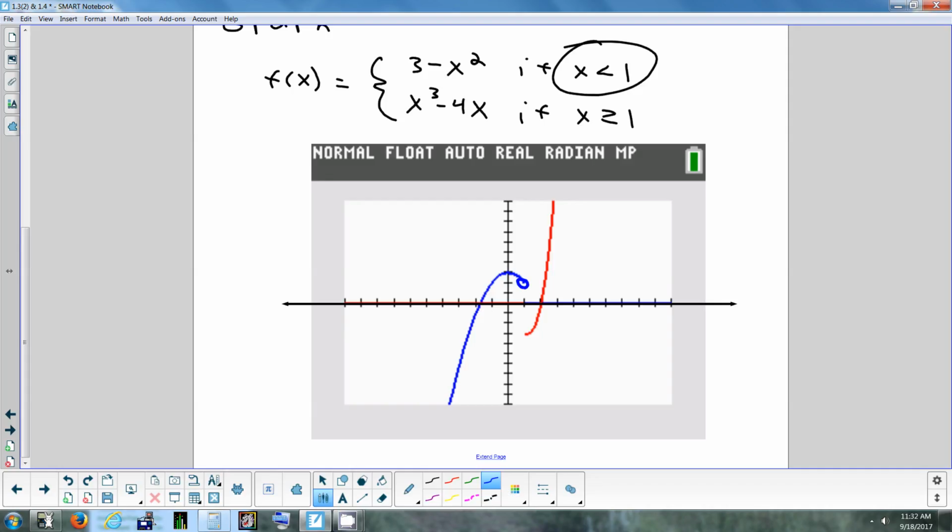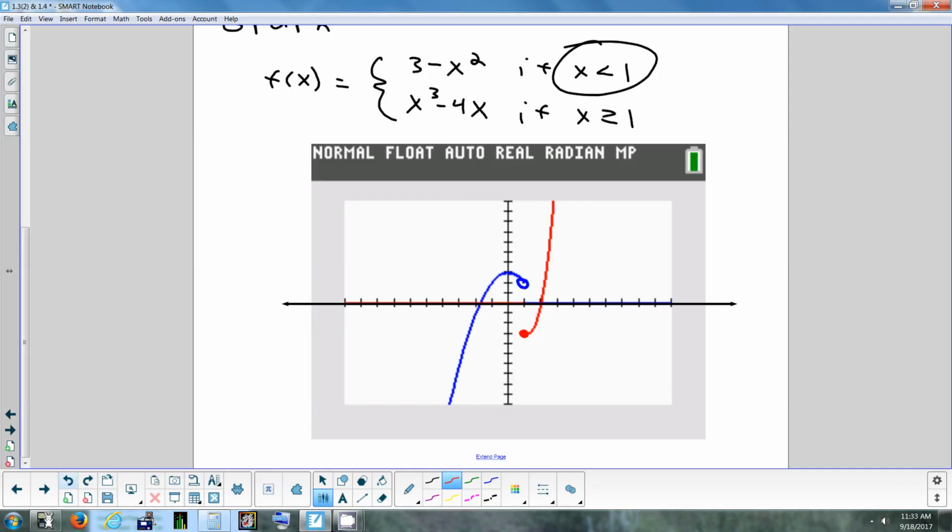Yes. Then there should be a filled-in circle. So that just shows you right on the endpoint, where do you include 1? Because you can't really tell the way the calculator did it. I can't tell if 1 is part of the blue or the red graph. Now I can. It's part of the red graph.